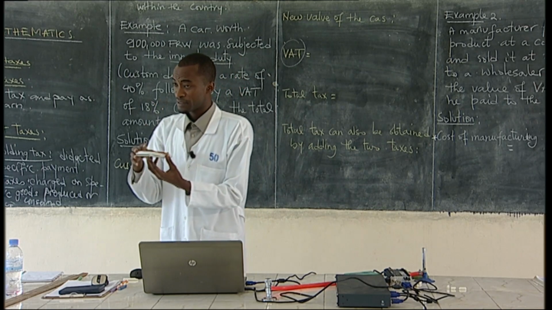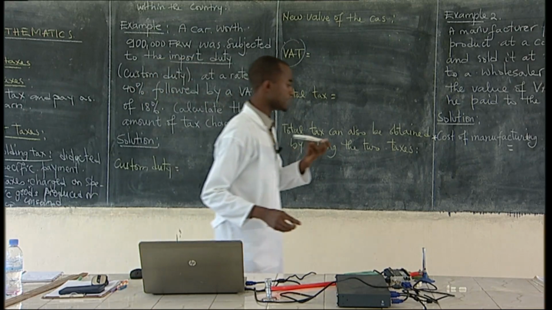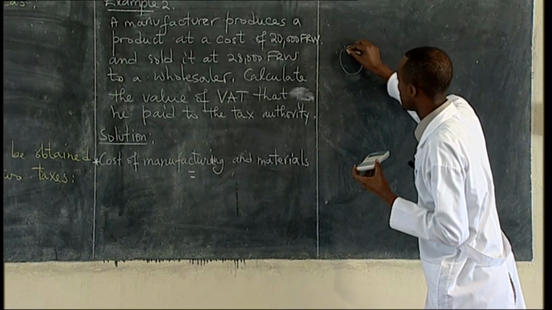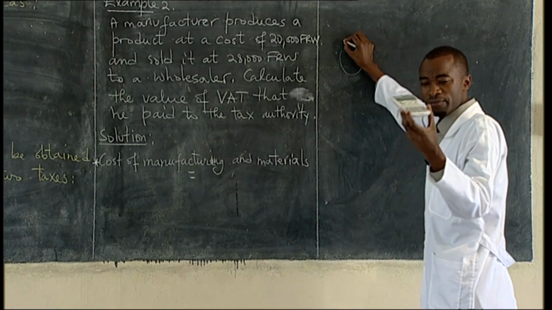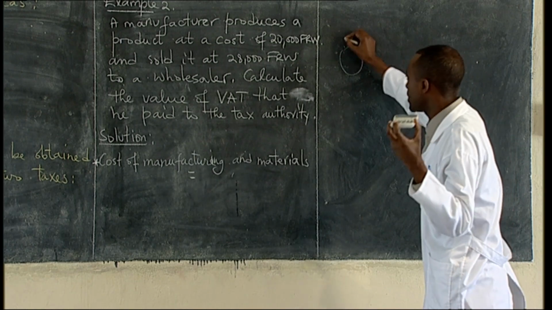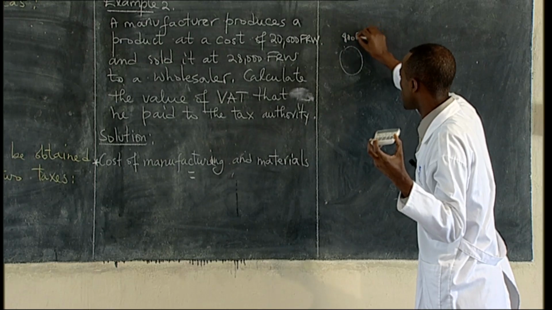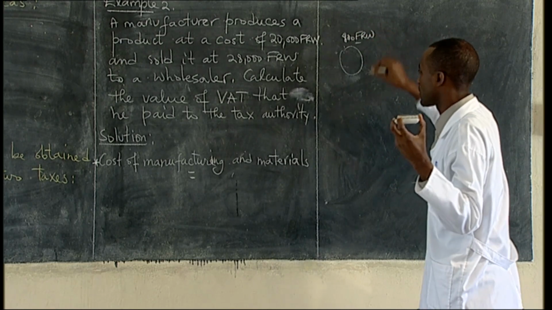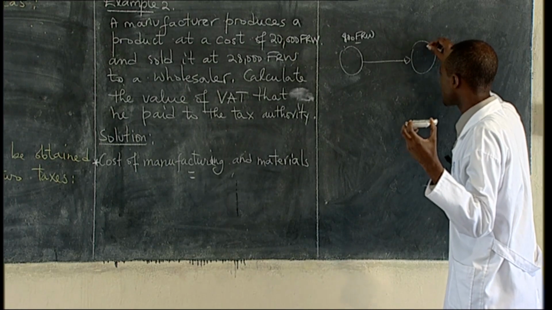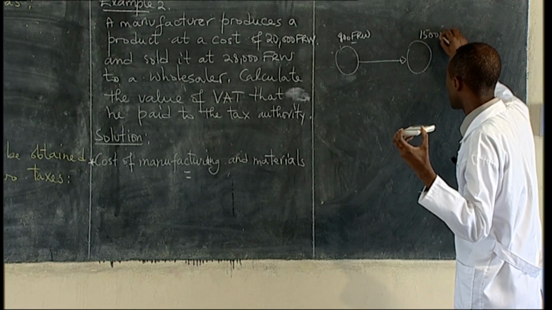At the beginning, for my calculator to go out from the company, let's say I have spent 800 Rwanda francs on this one. And then you sell it. When you sell it, maybe they give you 1,500 Rwanda francs.